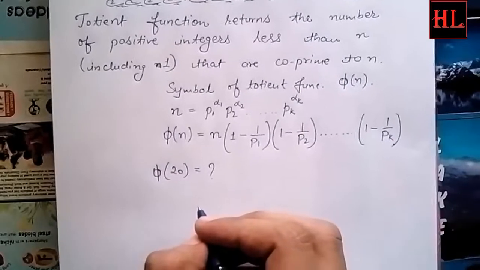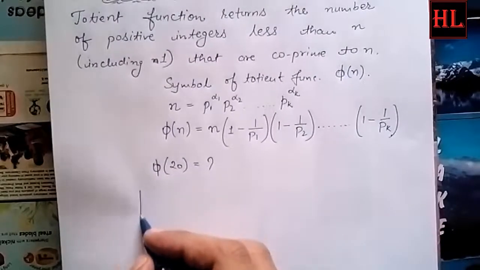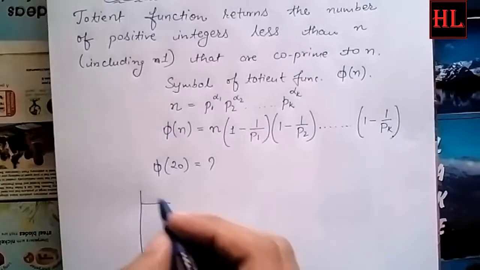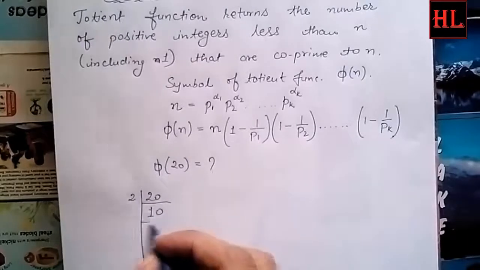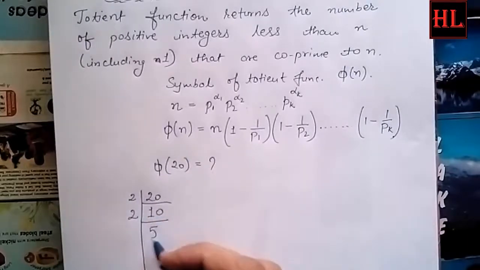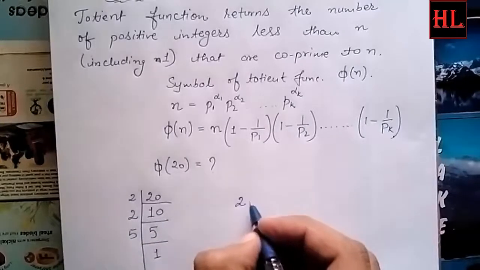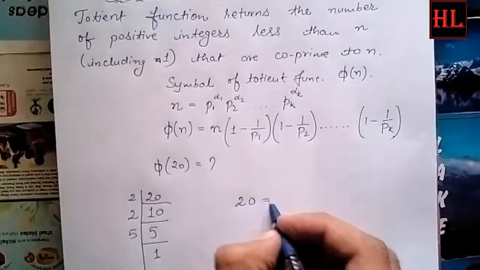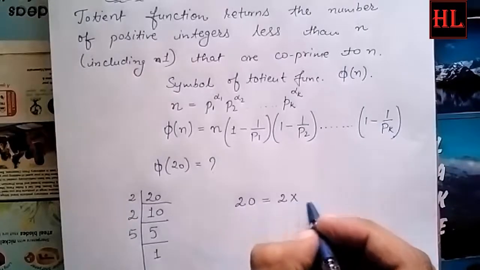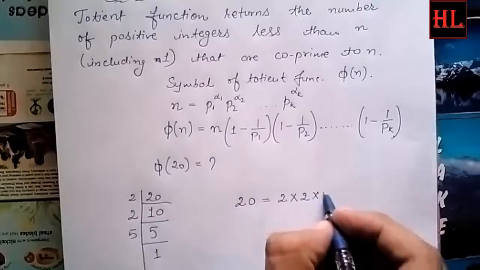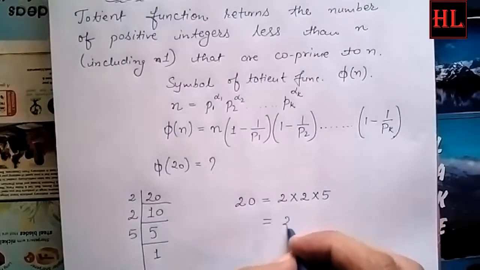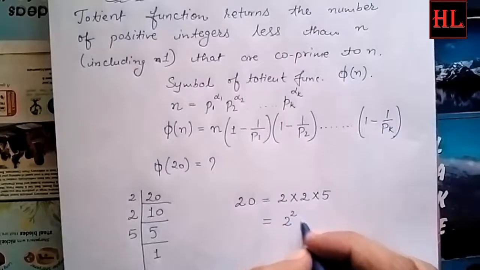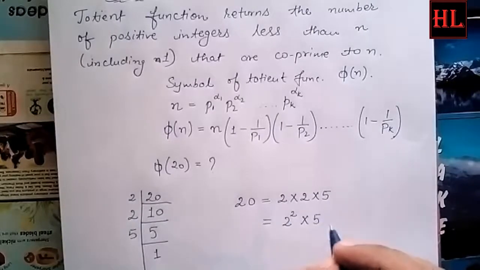So first of all we will prime factorize 20, and by prime factorizing we will get that we can write 20 as 2 multiplied by 2 multiplied by 5, and also we can rewrite it as 2 raised to power 2 multiplied by 5.